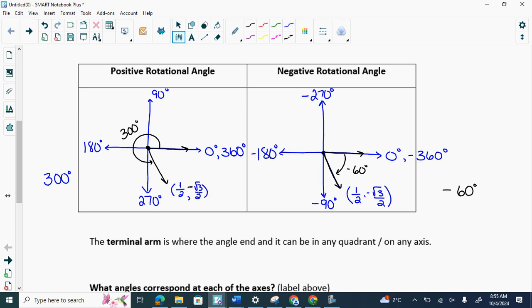So instead of writing 1/2, could I just write cos of 300, comma sine of 300 degrees? Is that not the same thing? And this could be cos of negative 60 degrees, comma sine of negative 60 degrees.